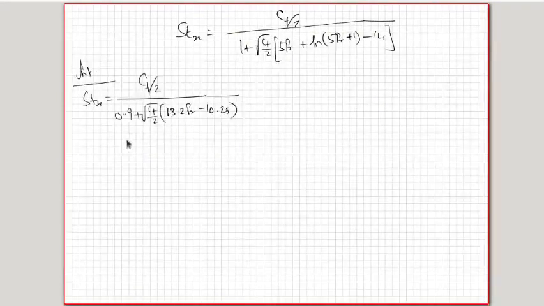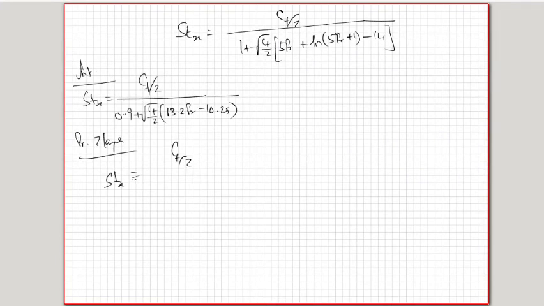And in the other expression that you had for Prandtl mixing length or Prandtl two-layer model, you get Stx is equal to Cf by 2 divided by 1 plus square root of Cf by 2 into 5 times PR minus 1. Okay, so this is one expression, this is the other expression, this is the third expression you've got.